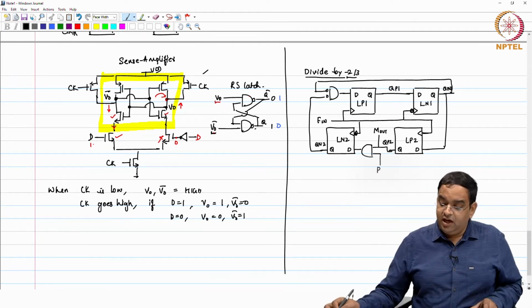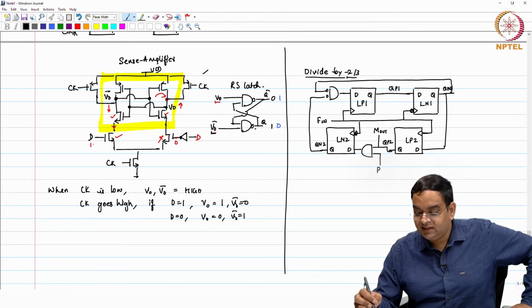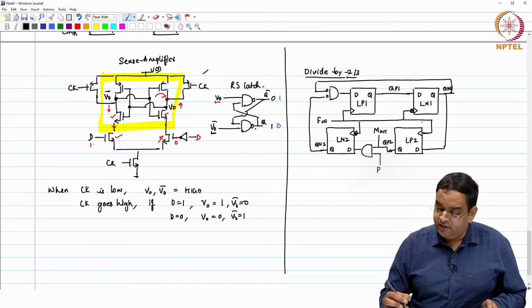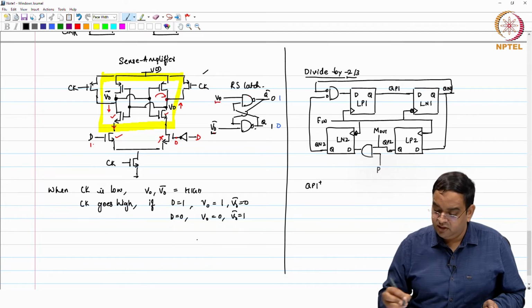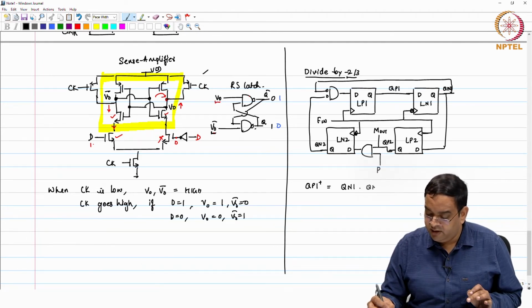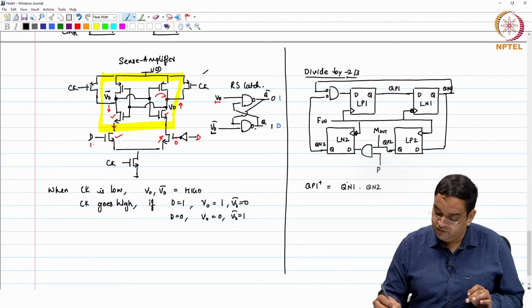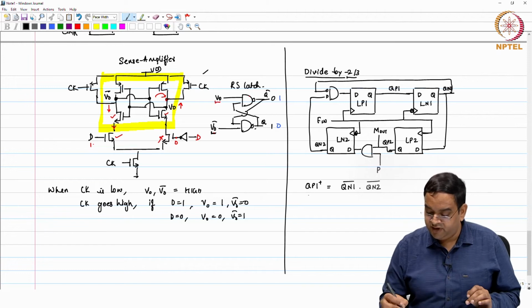Now with these latches, this is like a state machine. I can write the next state of QP1 as equal to whatever value you have at Qn1 and Qn2. So, this is Qn1 bar and Qn2 bar because of this NAND gate effectively.